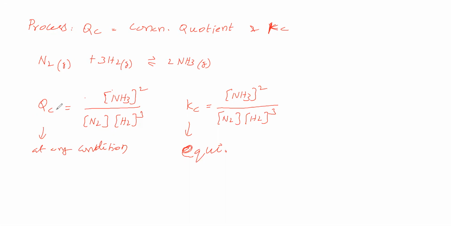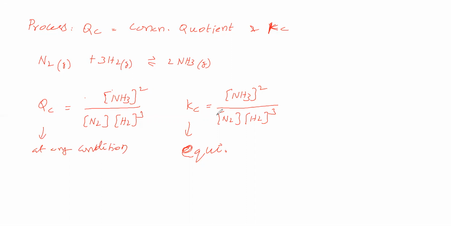You can take the initial stage, some time after the start, when equilibrium is attained, or when equilibrium is crossed. Any condition we can take for QC. QC need not be at equilibrium, but Kc should be at equilibrium.